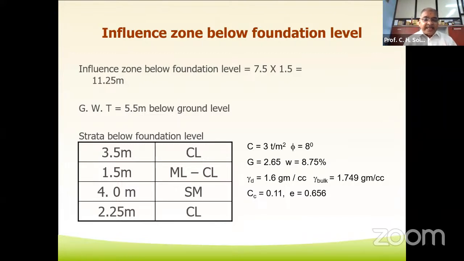The thickness of each stratum is presented: CL soil of 3.5 meter thickness, ML-CL soil of 1.5 meter thickness, SM soil of 4 meter thickness, and CL soil of 2.25 meter thickness.